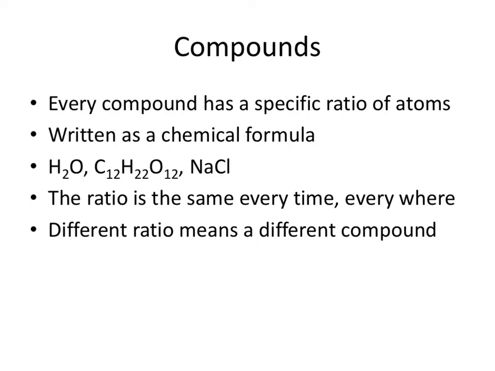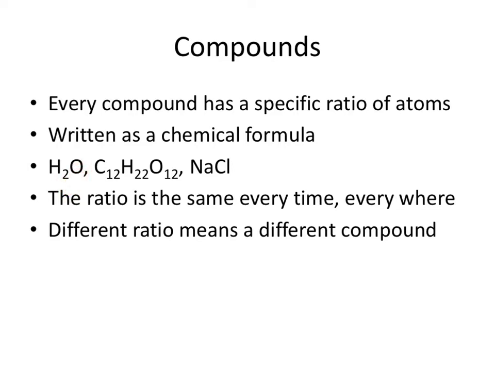So compounds have to have specific ratios of atoms, all right, which means that you always have the same ratio or the same format, okay? And they're written in chemical formulas like these that you see here. This is water, H2O. Water always has two hydrogens, that little subscript 2, for every one oxygen.